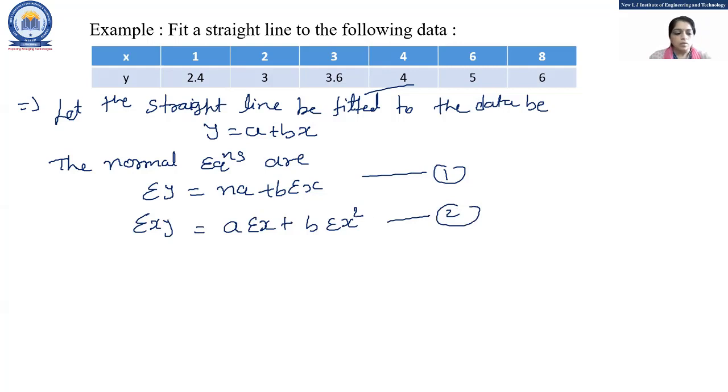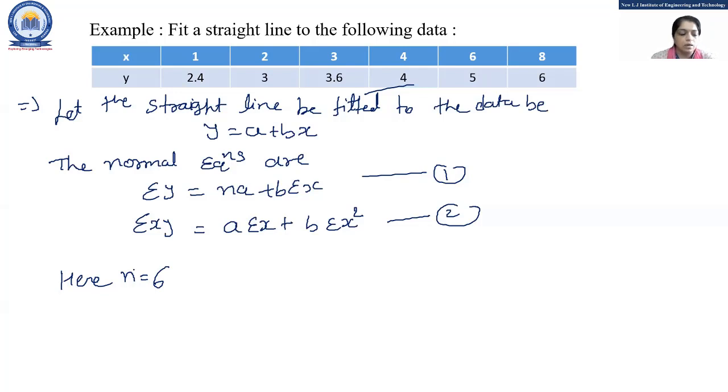Now, our given data is here n equal to 1, 2, 3, 4, 5 and 6. So here we have n equal to 6.